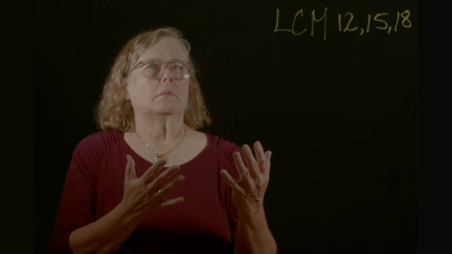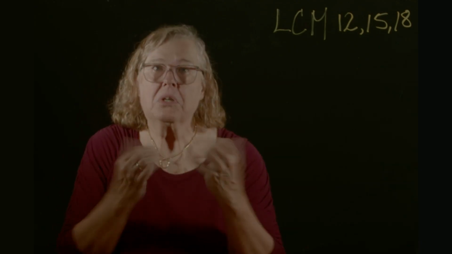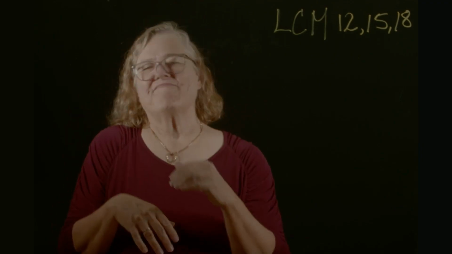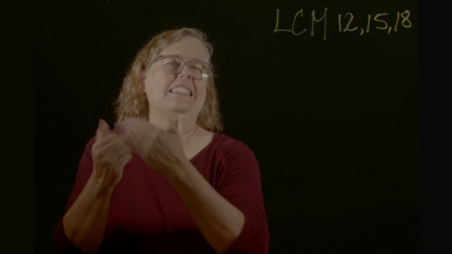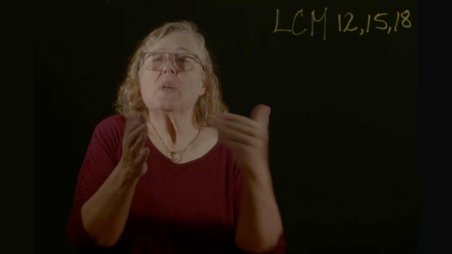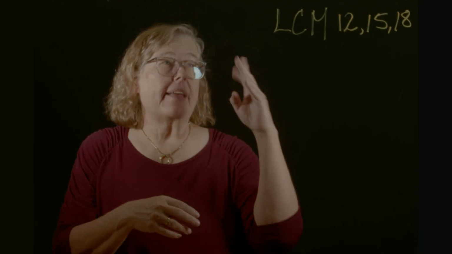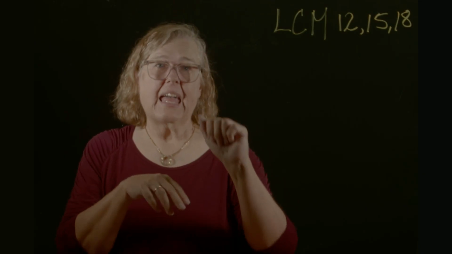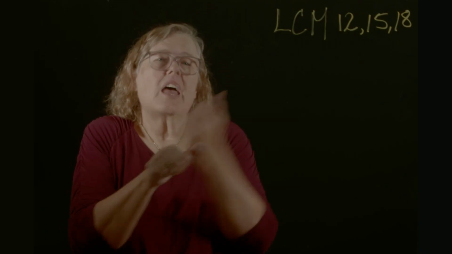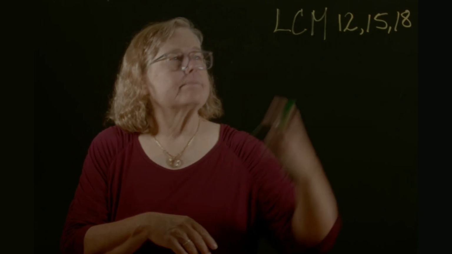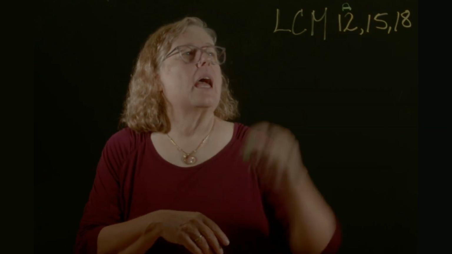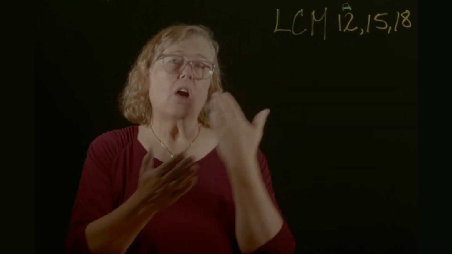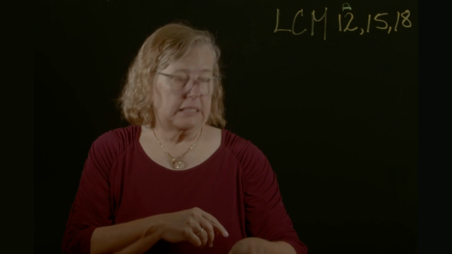Let's try another one. Wait a minute. There's 3 numbers now. That's so scary. Nah. Easy peasy. We're going to do the exact same thing. Let's do it again. We're going to pretend that we have 3 trains. We've got train A. It arrives at the station every 12 minutes. Train B arrives every 15 minutes.